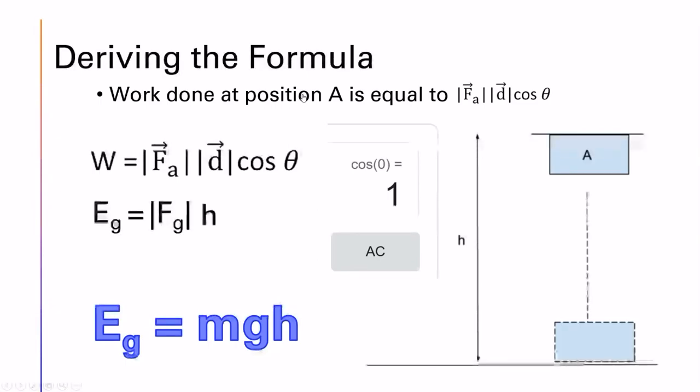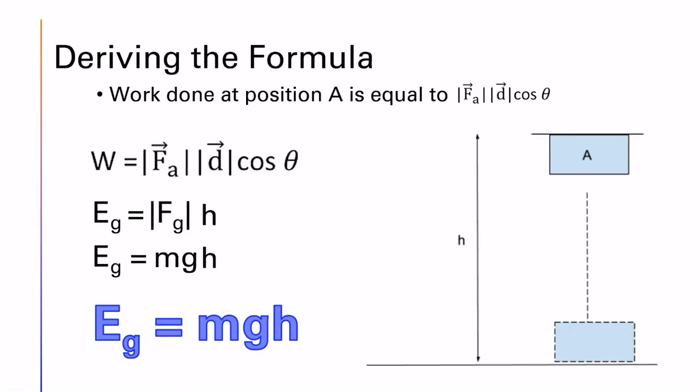And cos 0, as shown in this calculator, is equal to 1, so we do not have to include that because multiplying by 1 would not change any part of the equation. Then if we continue further, Fg is equal to mass times gravity, so we can replace Fg with mg, and there you have it. The derived formula for gravitational potential energy is Eg equals mgh.